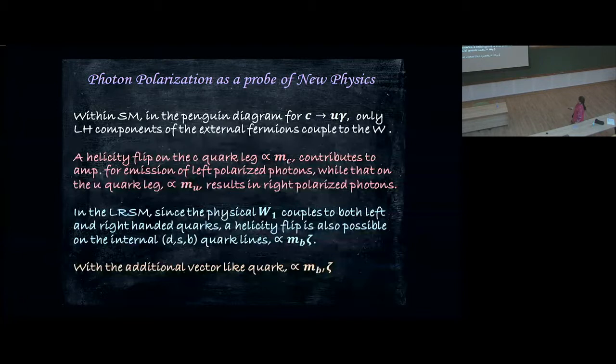So, as I said, we looked at LRSM along with this vector-like quark. In this LRSM, since the physical W1 couples to both left and right quarks, a helicity flip is now also possible on your internal quark. Earlier you were just looking at the helicity flip on the external legs.